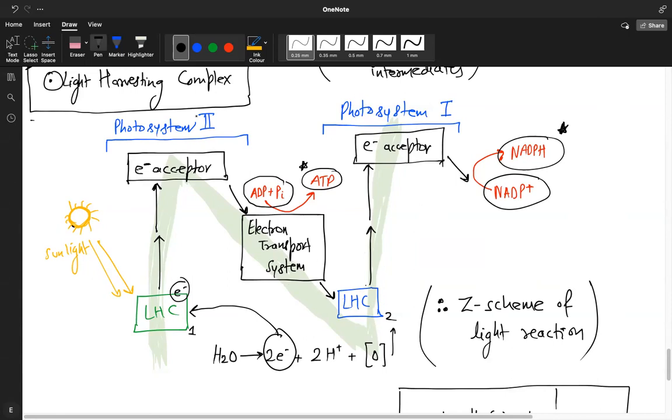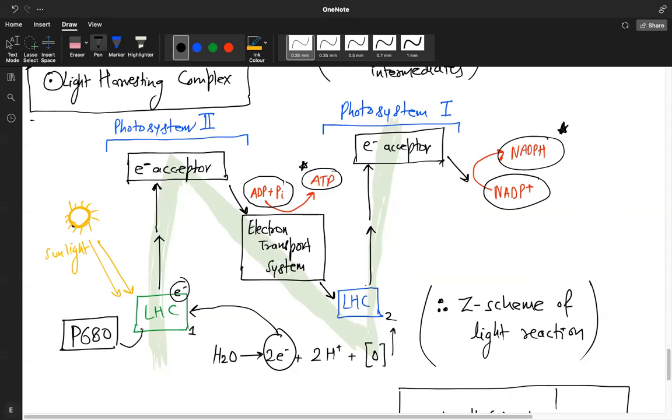So if you compare photosystem 2 with photosystem 1, photosystem 2 comes first. So photosystem 2 will have an absorption maxima at high energy. High energy means low wavelength or high wavelength? Low wavelength. So the absorption maxima of photosystem 2 comes at 680 nanometers. So it's called the P680 system.